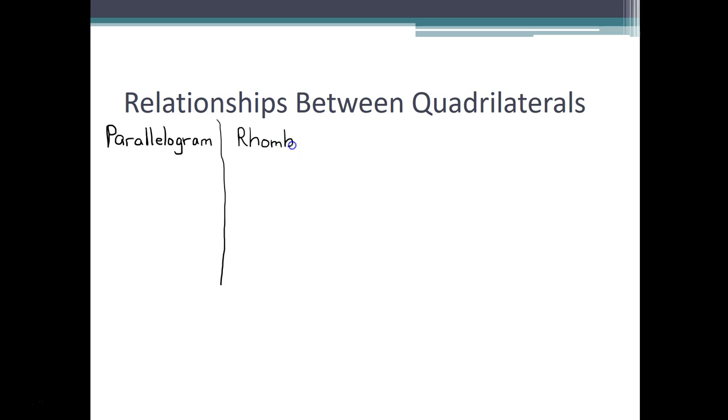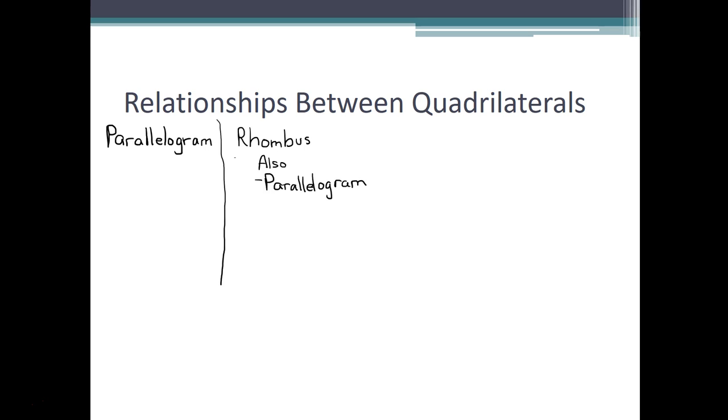Rhombus. Both pairs of opposite sides are parallel. Also, both pairs of opposite sides are equal in length. So a rhombus is also a parallelogram when you look at the definition. By definition, a parallelogram is a quadrilateral where opposite sides are parallel.